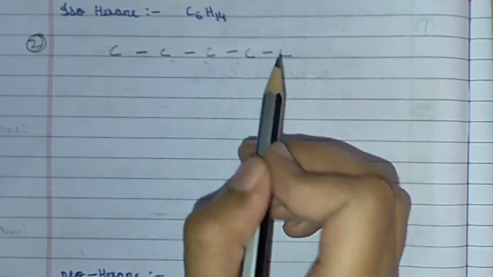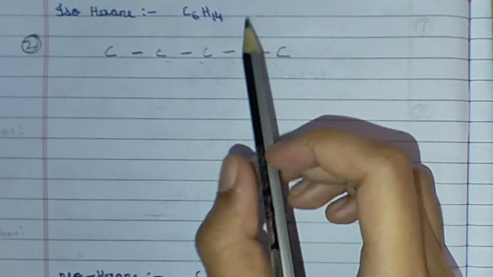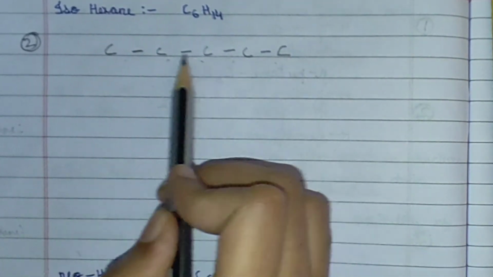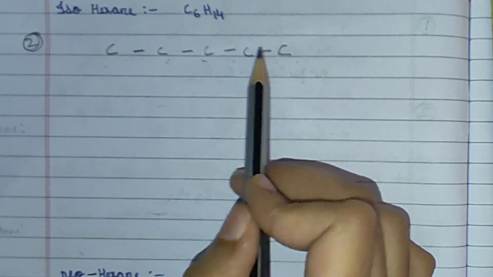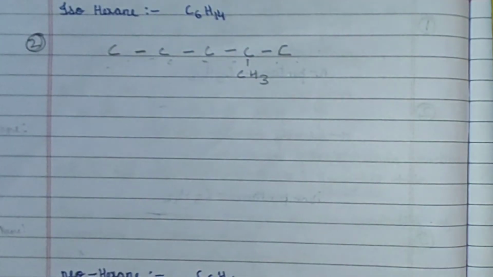Done. And in the second carbon we will put the methyl group as substituent. You can take the second from this side also and this side also. Like that also you can do. So I'll take from this side and I'll put the methyl group here.